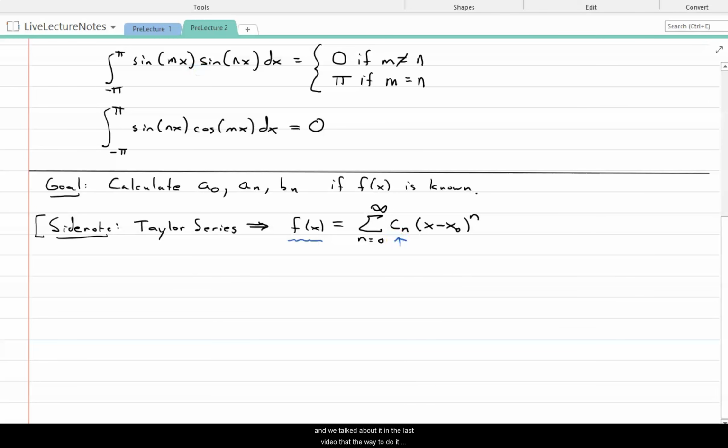And we talked about it in the last video that the way to do it was to do something to both sides of this equation. And in this case it was take derivatives of both sides and plug in x_0.